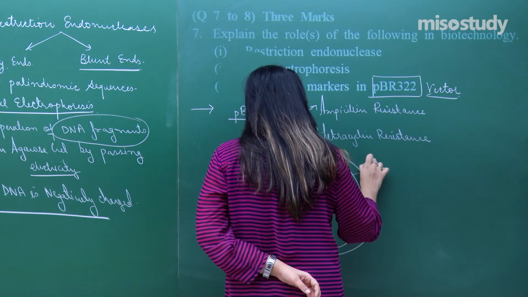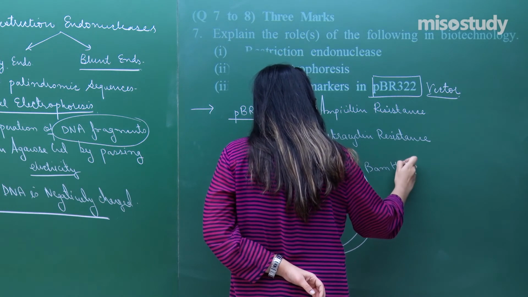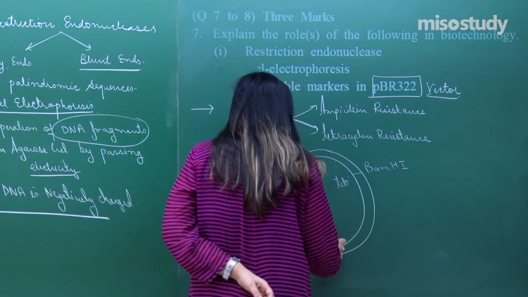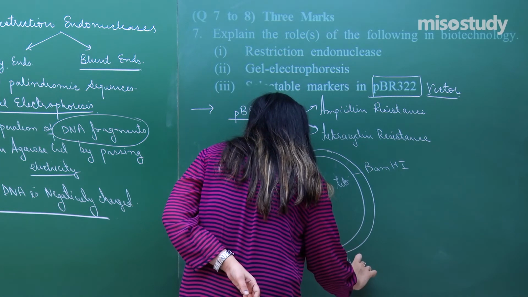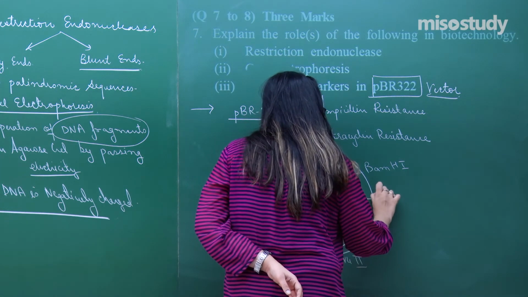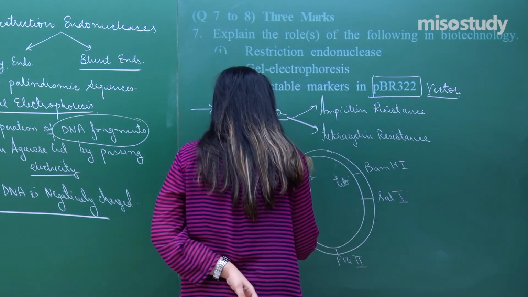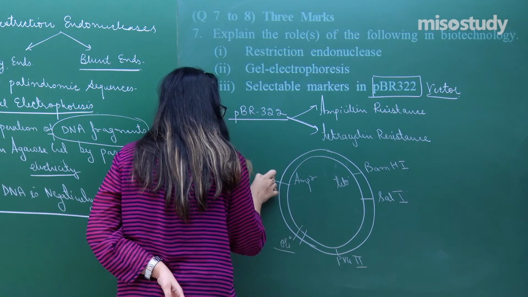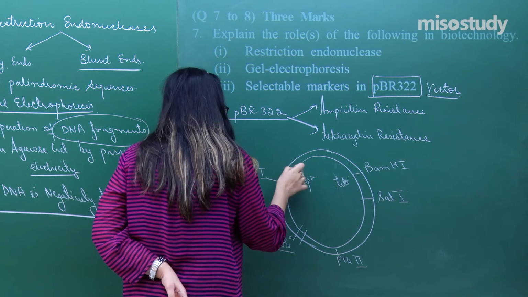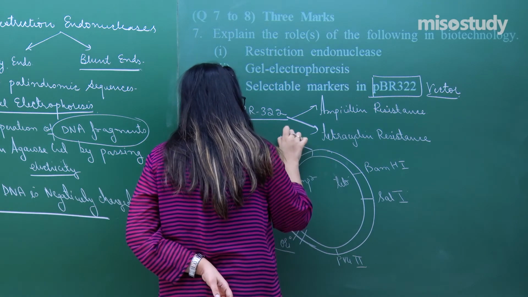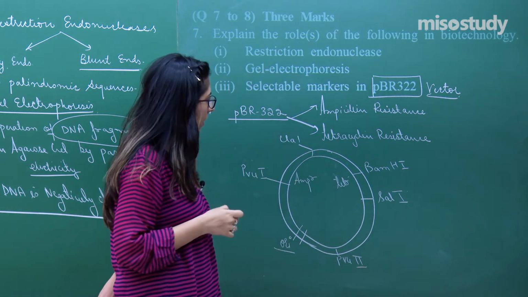This is BamHI, which is also a restriction endonuclease site. This site is called PvuII. This is SalI. This is another PvuI. This is ClaI. So different restriction enzyme sites are there.